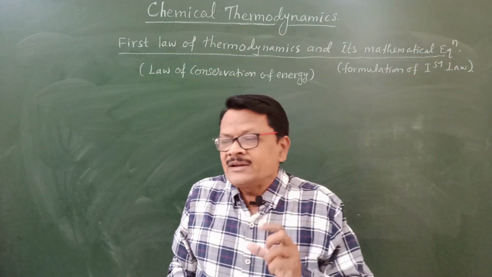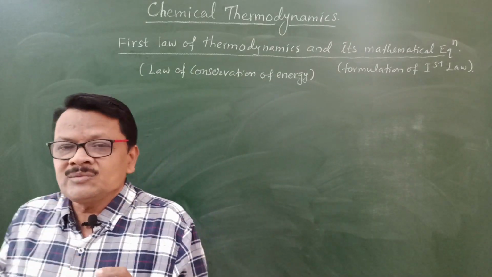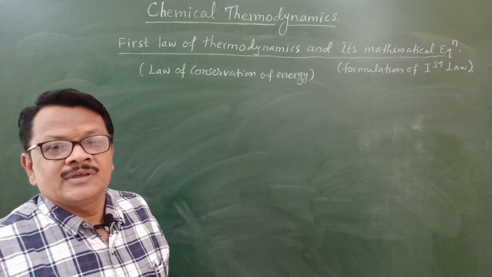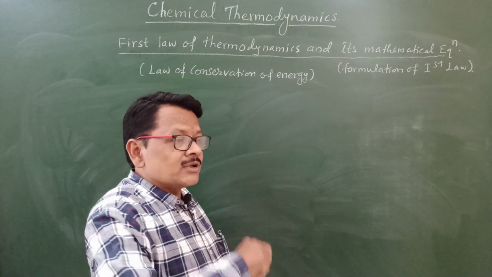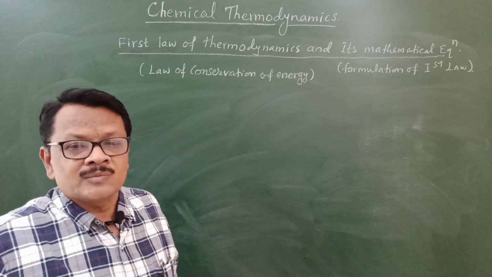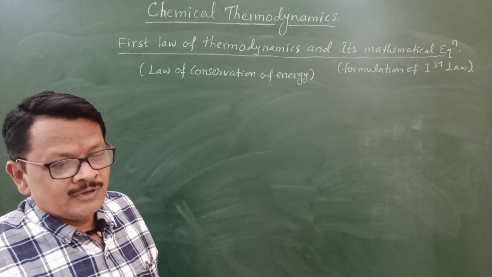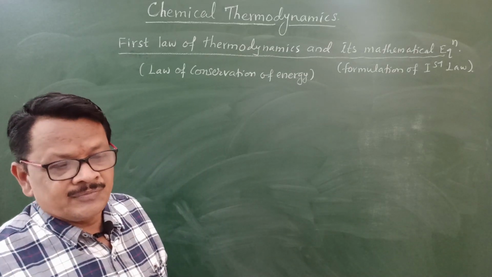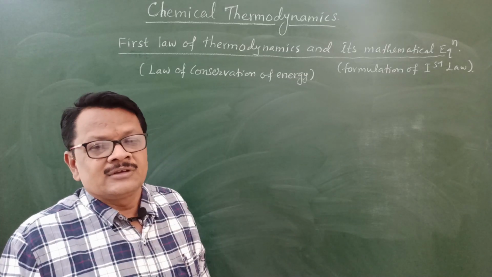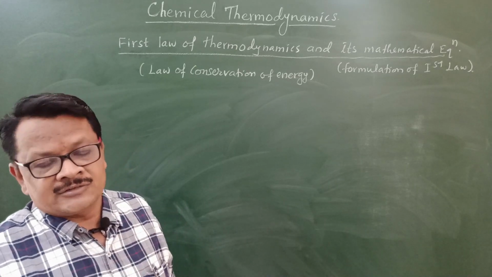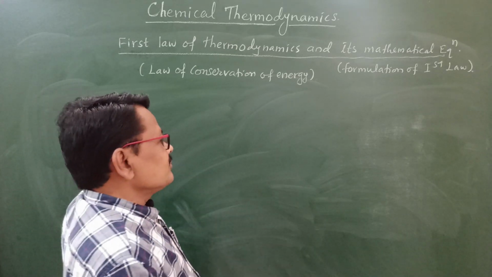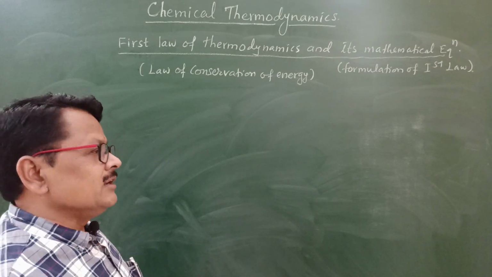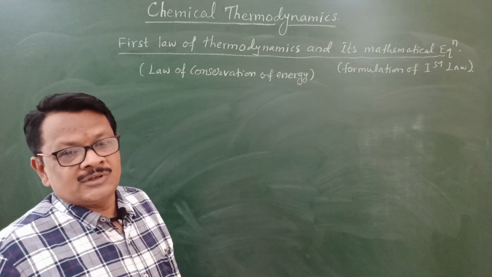But keep in mind that internal energy of the system increases by supplying heat to the system and by doing work on the system by the surrounding. If you supply a certain amount of heat to a particular system, it absorbs the heat and its internal energy increases. Or if work is done on the system by the surrounding, then internal energy of the system also increases.